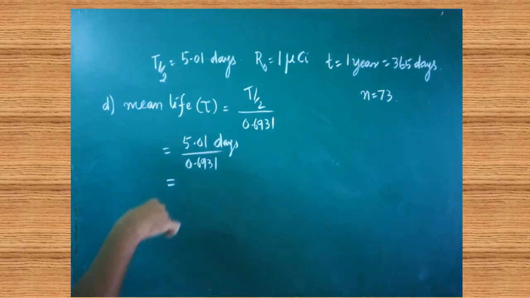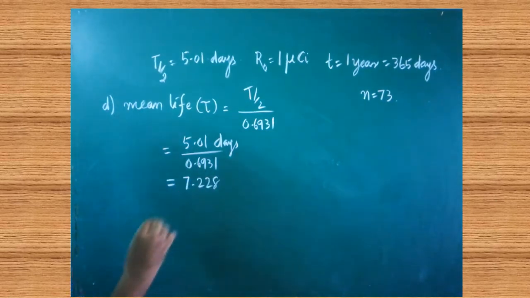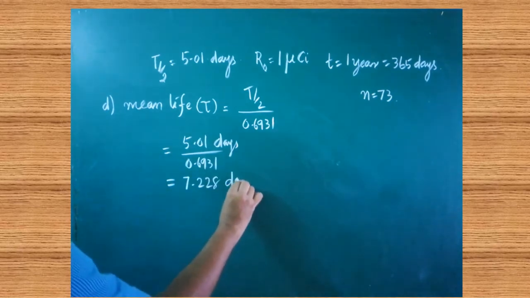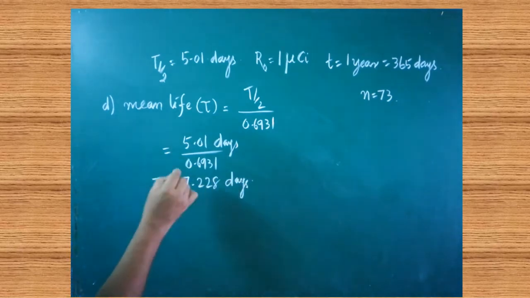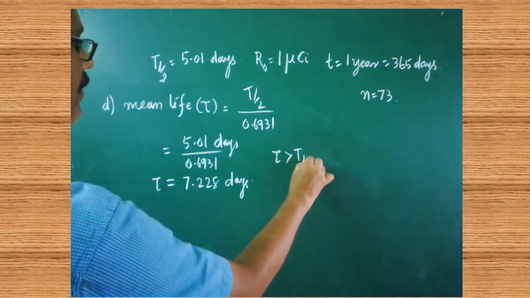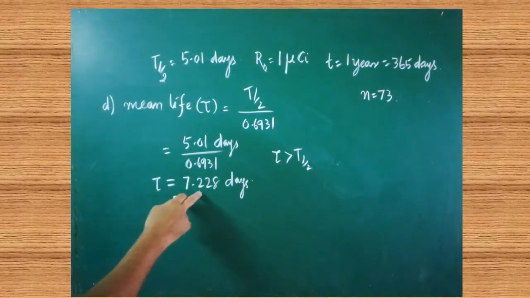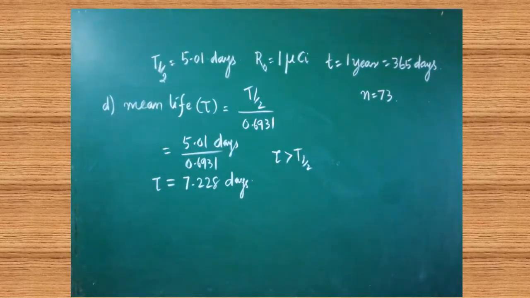After substitution and calculation, you will get the answer as 7.228 days. Are you clear? This is the value of tau. You should know one thing, that mean life will always be greater than the half-life. Make a note. Compare both. Mean life is always greater than the half-life.